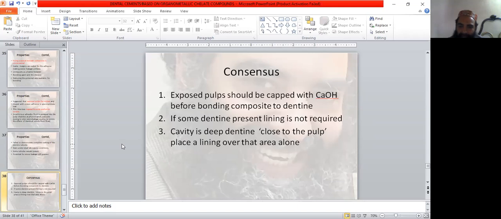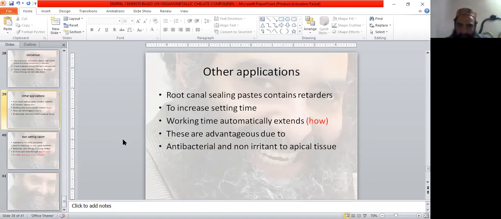If the cavity is deep in dentine, close to the pulp, place a lining over that area alone, not the entire cavity. Other applications are root canal sealing pastes, which contain retarders to increase setting time, because in a root canal we need a much longer working and setting time.